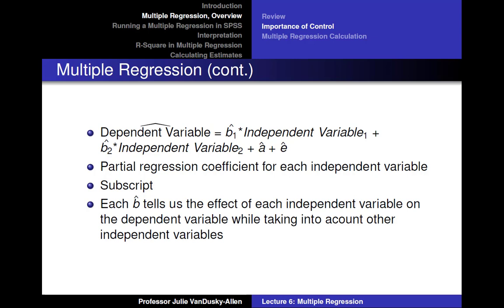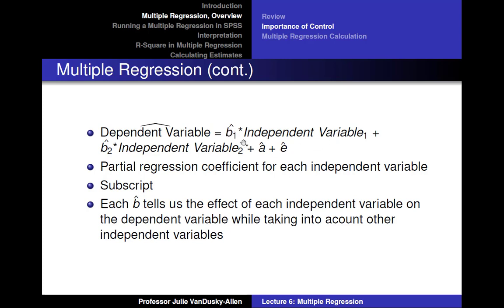Multiple regression produces the following equation: dependent variable hat equals b hat 1 times the independent variable 1 plus b hat 2 times the independent variable 2 plus a hat plus e hat. Note that this is what we call a partial regression coefficient, or b hat, for each independent variable.